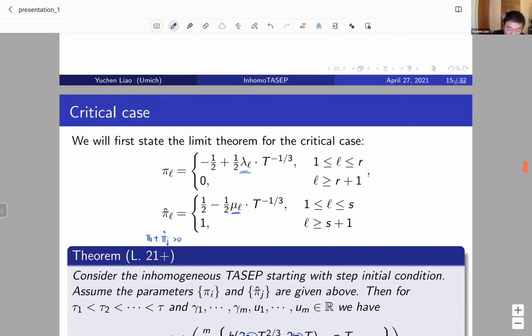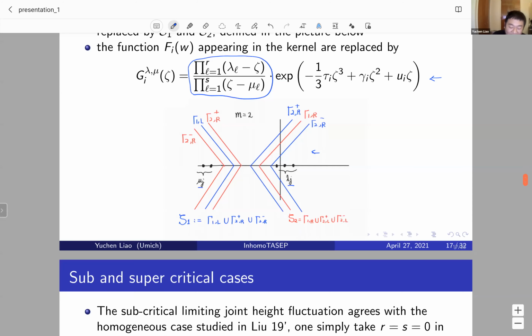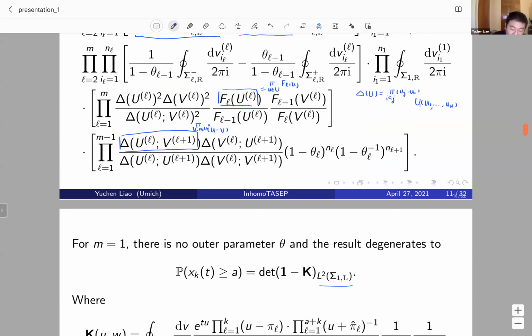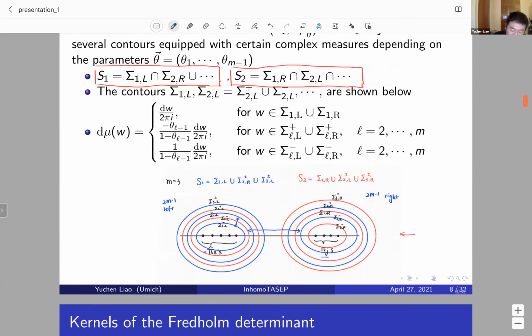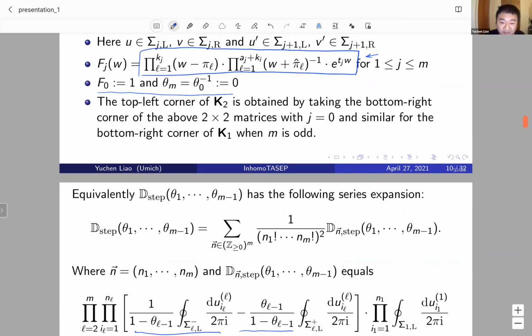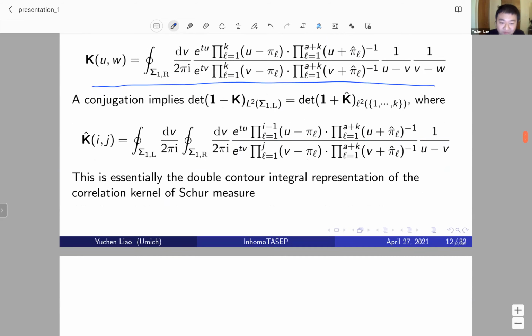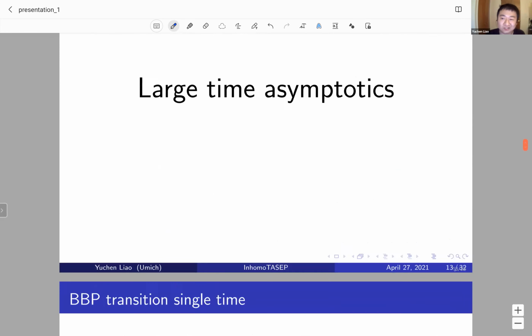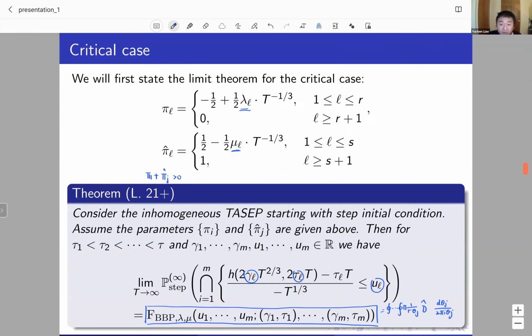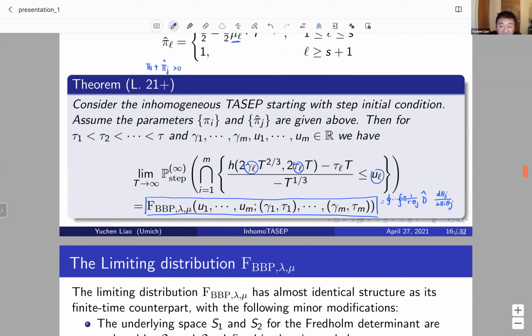So one should really understand this contour as basically you zoom in at some point here, and you look at the steepest descent path for either the left or right contours near the critical point. That's really something familiar, and the asymptotic analysis is essentially very straightforward. So that's what's happening for the critical case.